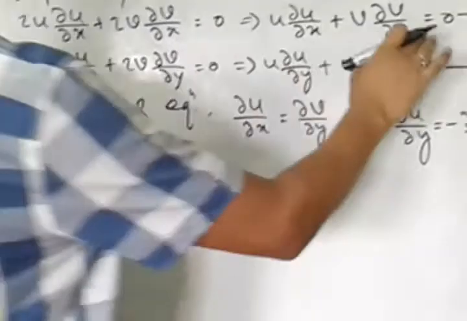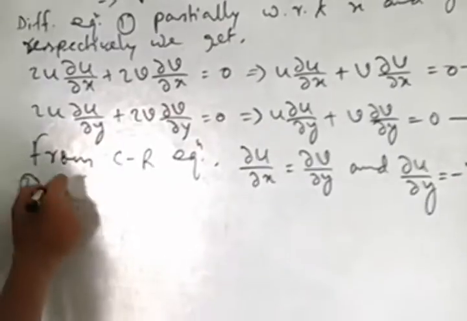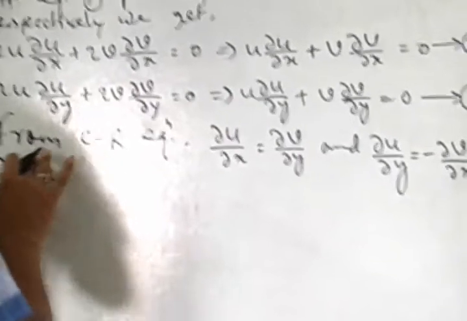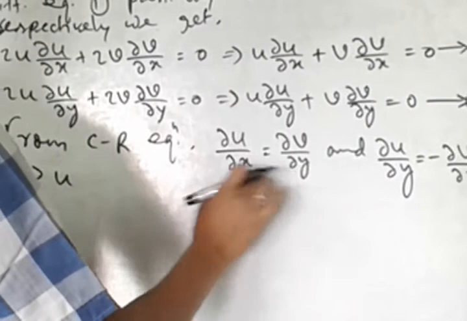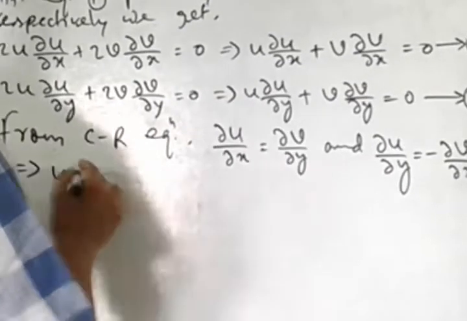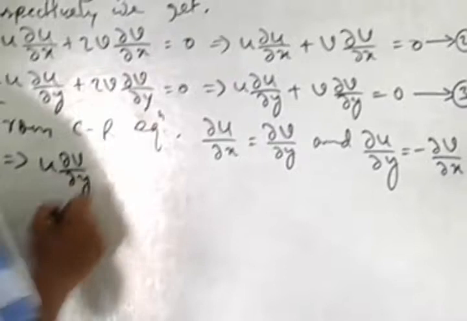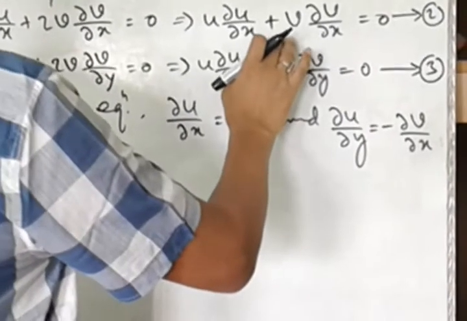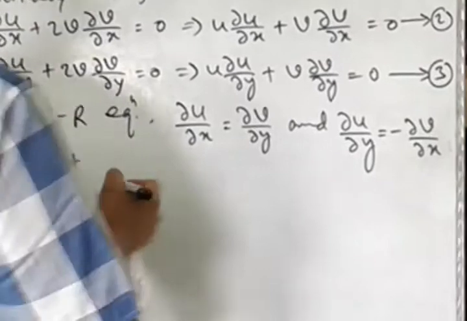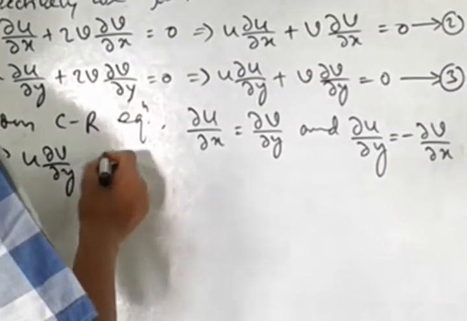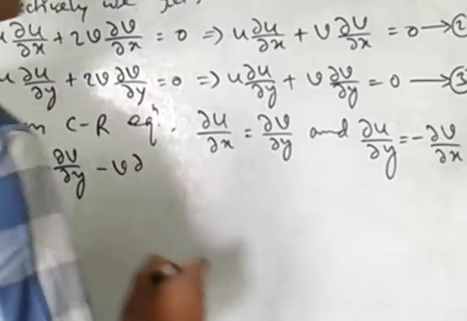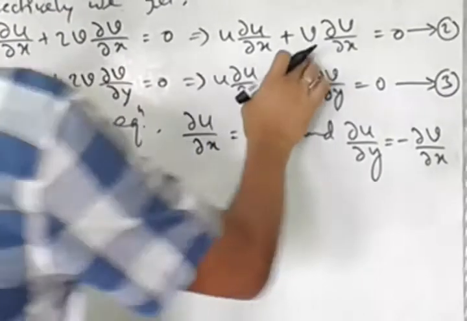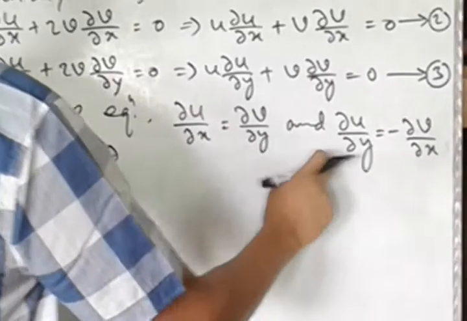Using the CR equation, equation number 2 becomes u del u by del x, which can be replaced by del v by del y, and v del v by del x, which we can replace by minus del u by del y.